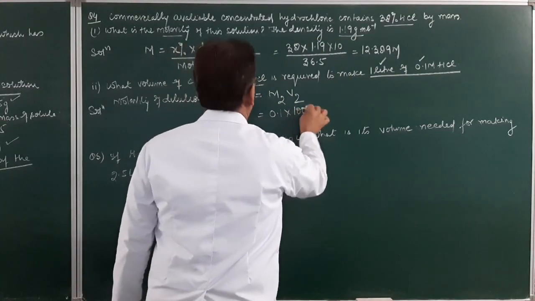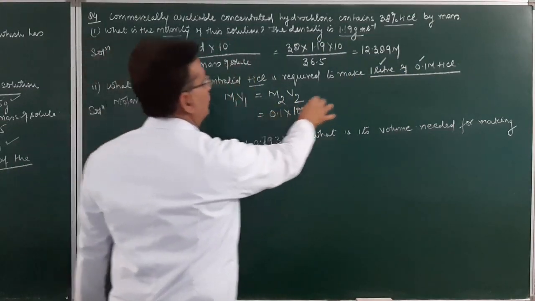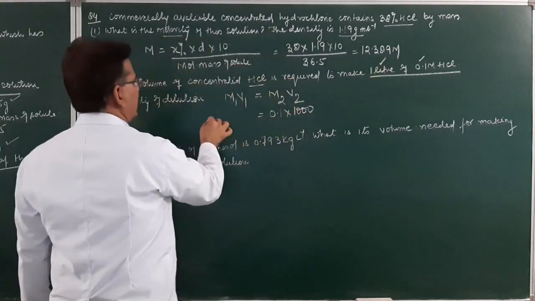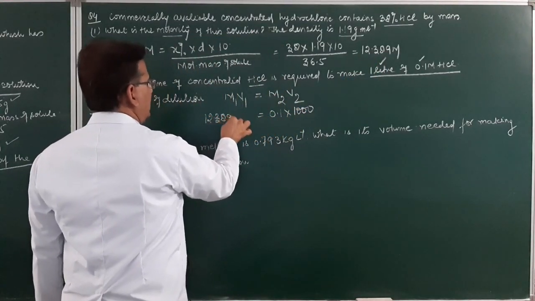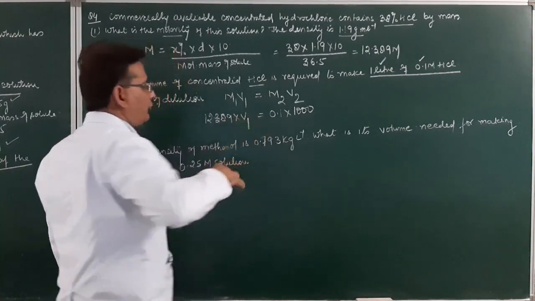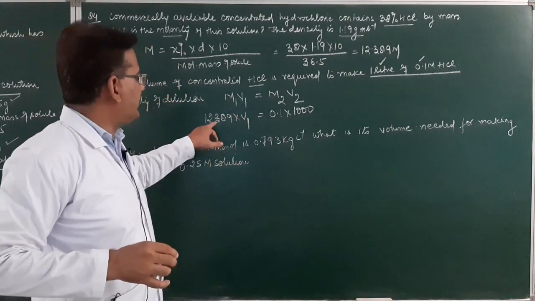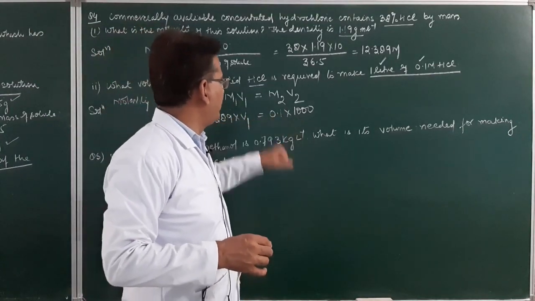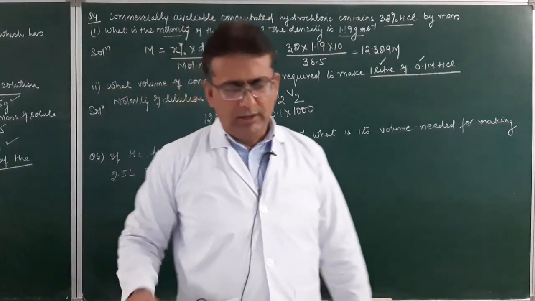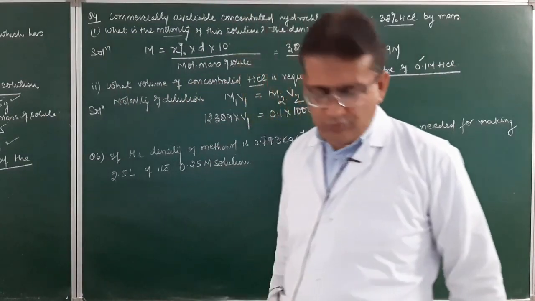What is the molarity of the solution given to us? It is given as 12.389. So M1 is 12.389, into V1. What volume of 12.389 molar HCl solution is required to prepare 1 liter of 0.1 molar HCl solution? Here we can find the value of V1.